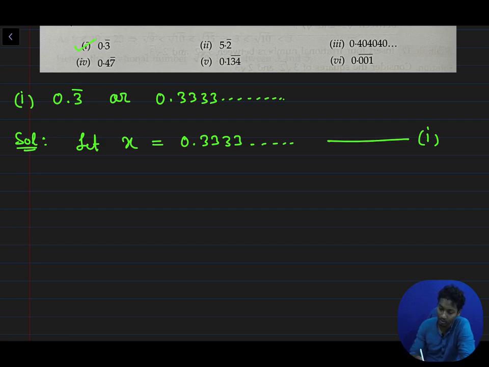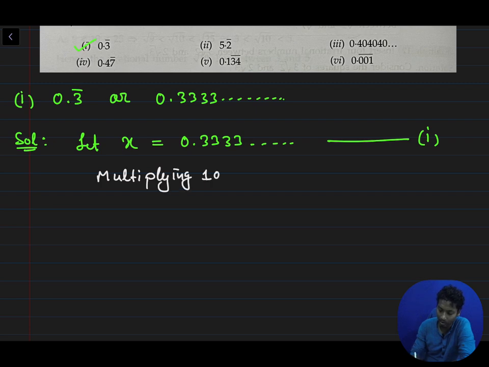So here let's assume that this is the first equation, and now in order to get the second equation, you try to see how many repeating digits are there. So here we have one repeating digit 3333. So in order to bring one 3 this side of the decimal, we can multiply by 10. So let's multiply 10 on both sides.